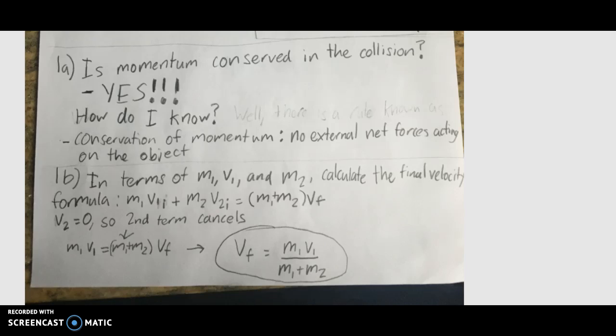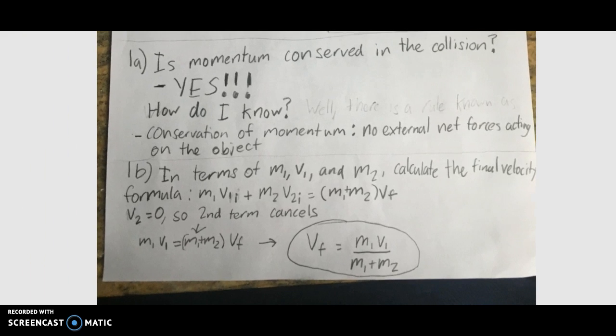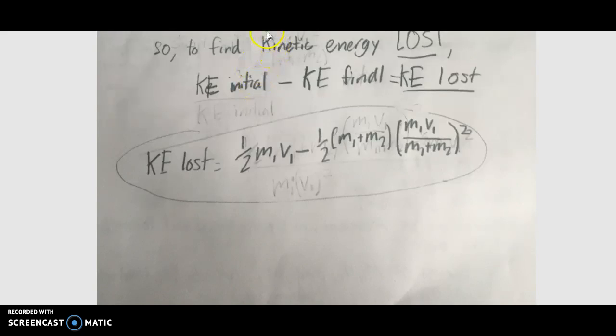So we're left with m1 times v1 equals m1 plus m2 times vf. We isolate the final velocity, and we end up with vf equals m1 times v1 over m1 plus m2. We should hold on to this final velocity moving forward to 1c, because it substitutes in there.